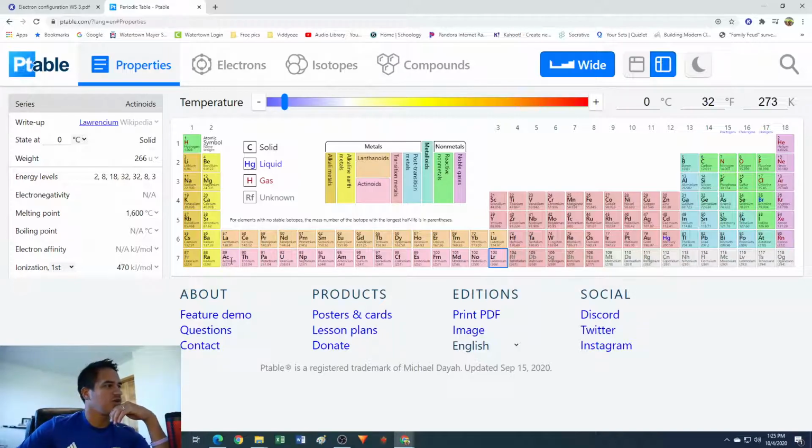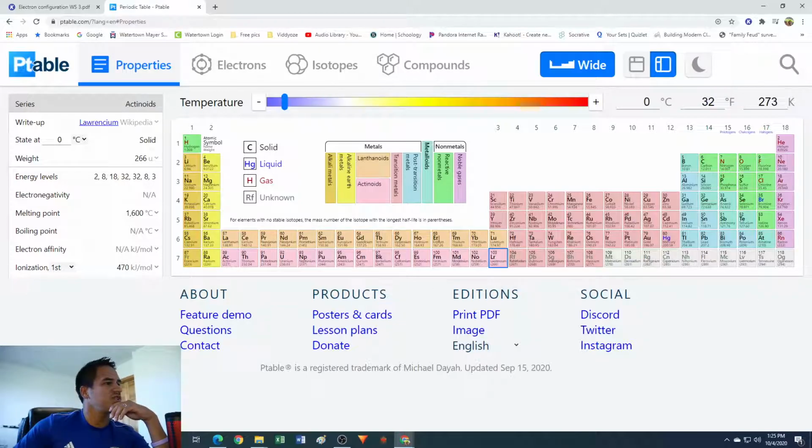So more learning here: the D block is 1 number less than the row number. The F block is 2 numbers less. So it would go 7s, 5f. Then we hit the D block, it'd be 6d, and then the P block would be 7p. So it goes 7, 5, 6, 7. It's confusing, I know. It's just something you have to remember.